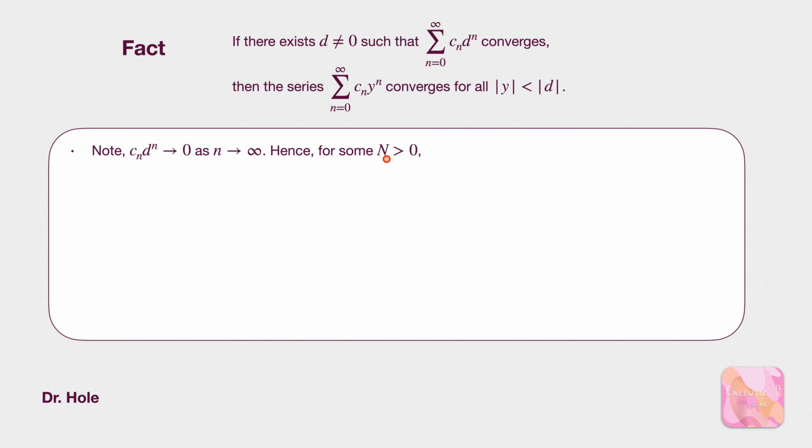Thus, we can look far enough along in the index n, find a beginning index capital N, and suppose that for all indices past this beginning index, this quantity is small. And for convenience, we're going to use small as strictly less than 1 in absolute value.